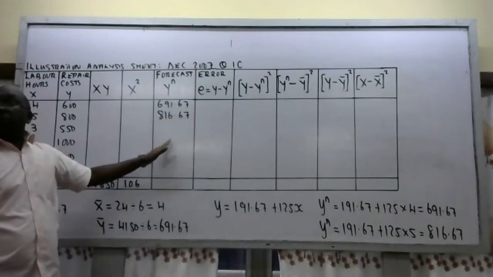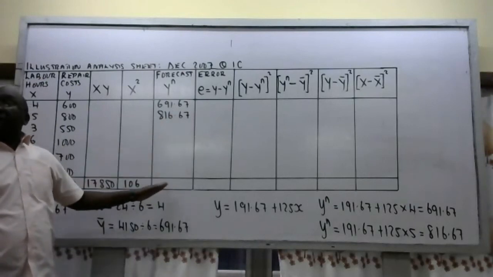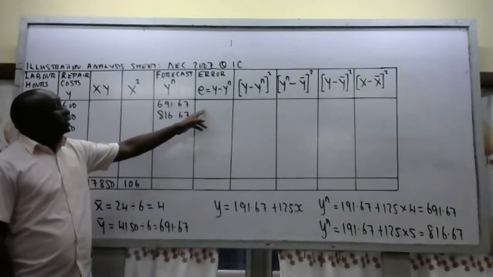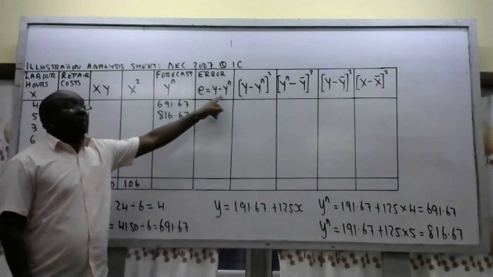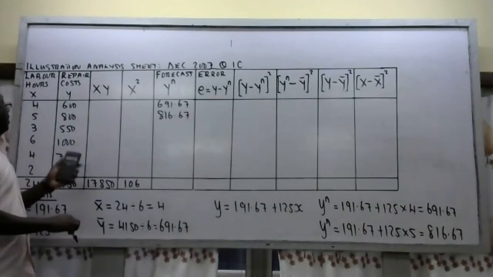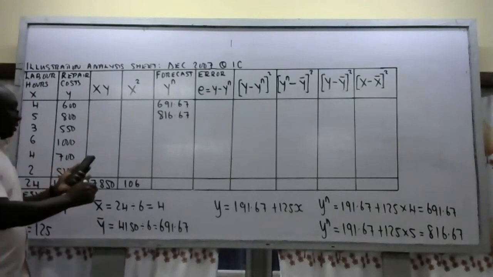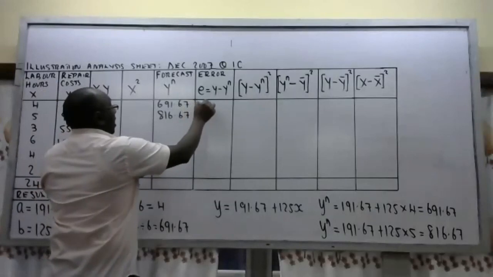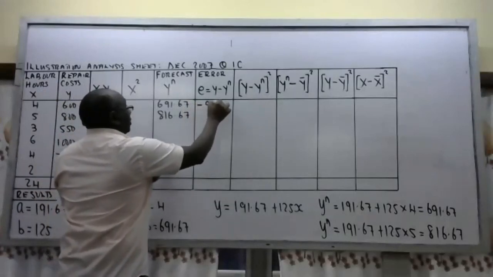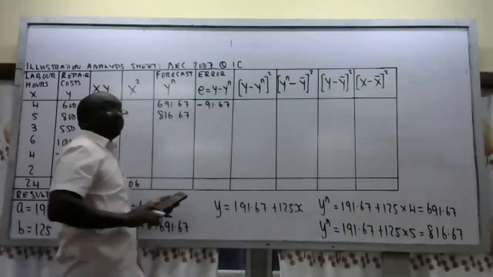So we may know how to do this then. Okay, then for this one, see the formula is clear. It is y minus y predicted. Let's do one. The same as 600 minus 691.67. And I'm getting minus 91.67.